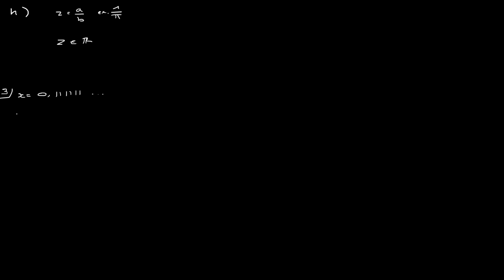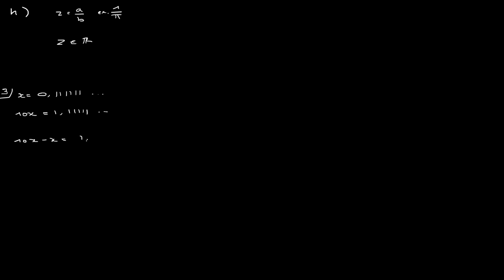And that's cool. We can also find what 10x is. 10x is just going to be 1.11111 and so on, with this repeating forever. And because this keeps repeating forever and this keeps repeating forever, if we say 10x minus x, well, what do we get?